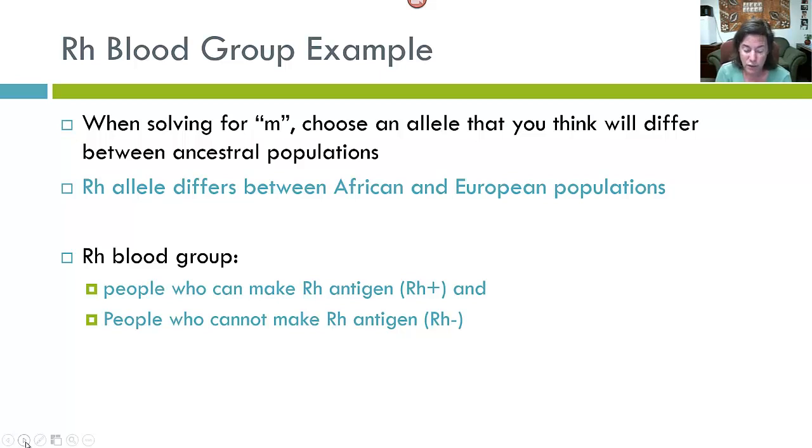The Rh blood group is named for the rhesus monkey, in which it was first discovered. It consists of people who can make the Rh antigen, generally referred to as Rh positive, and people who cannot make the Rh antigen, Rh negative. Some of you may know that your blood type is A positive or B positive or AB positive.